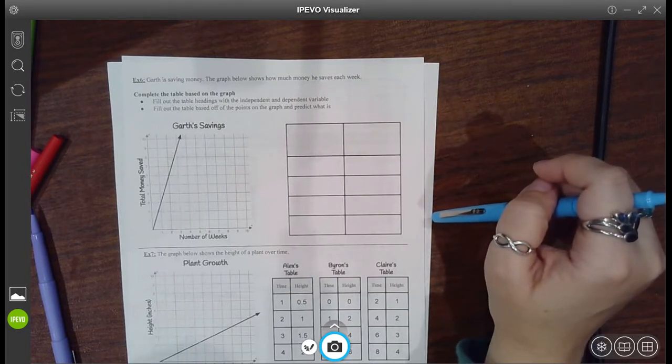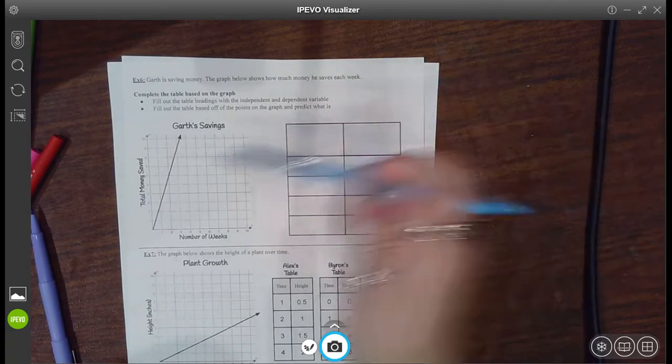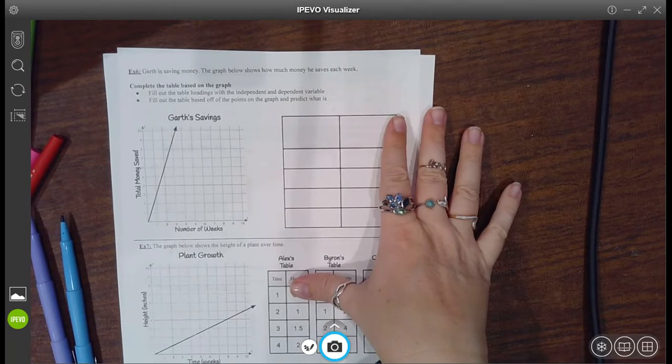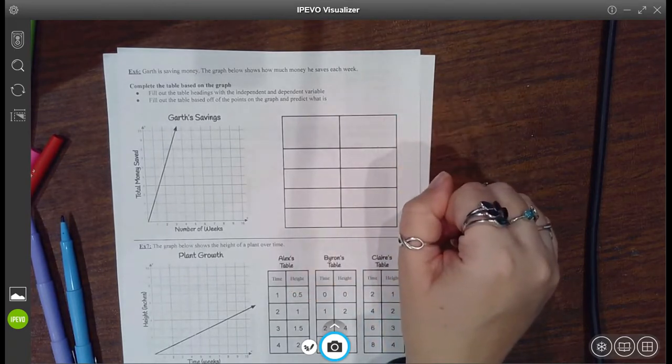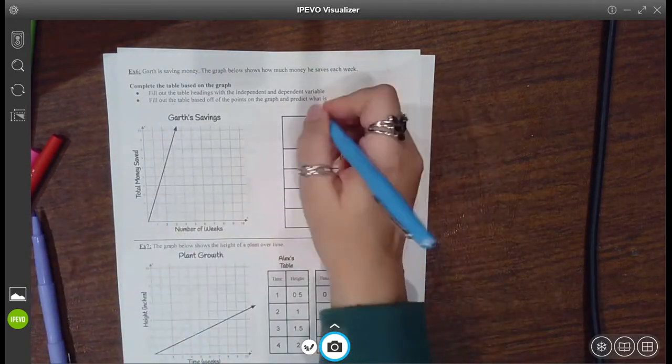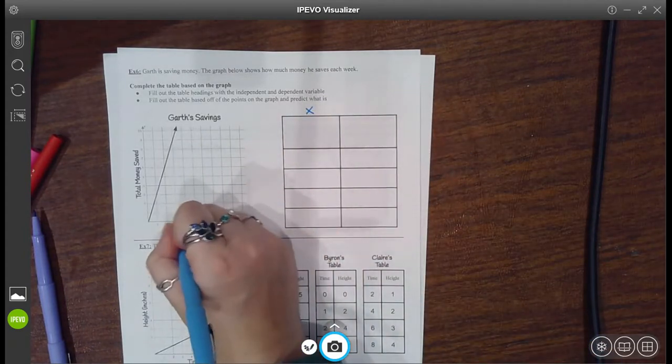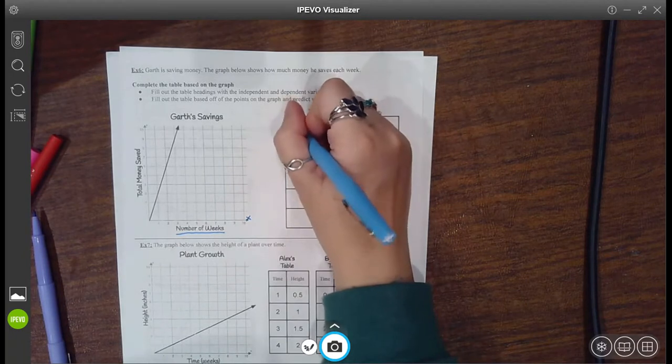So let's see. For here, which one's the X and which one's the Y? X is usually always first, and your X-axis is the horizontal one. So your number of weeks.